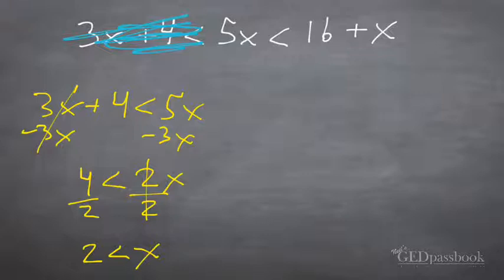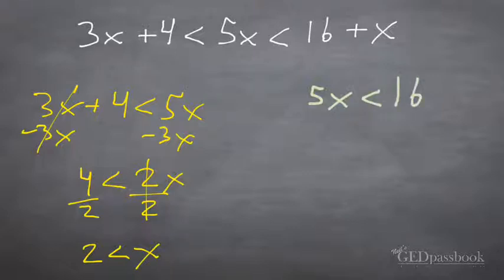So now we do that side. If you want to rewrite it, go for it. Let me do it in a different color. 5x is less than 16 plus x. What do I do on this side? Positive x, put it as a negative x, and put it on the other side.